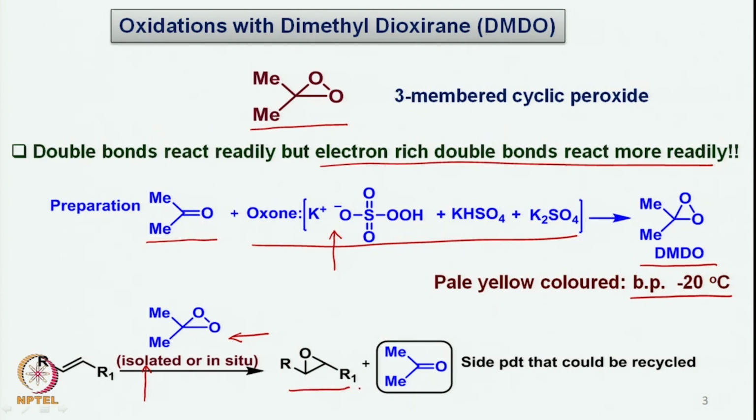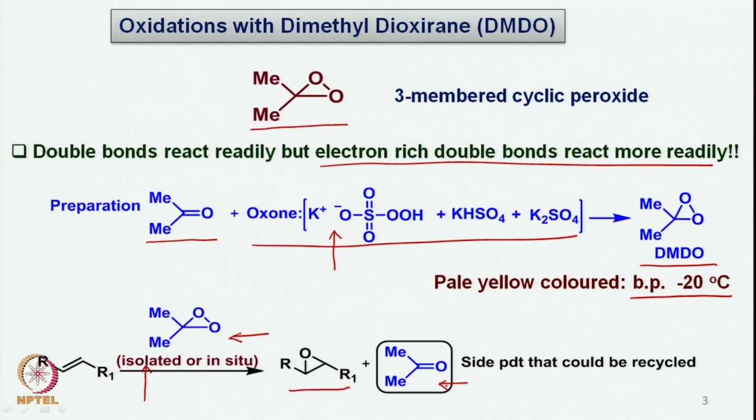Now, the side product, as you can see, once one oxygen of the DMDO is transferred to the olefin, is nothing but acetone. So, it is a very useful way of regenerating the starting ketone. That means your starting ketone is acetone that reacts with oxone, forms DMDO, and if that DMDO reacts with the olefin, you get the corresponding epoxide and acetone back.